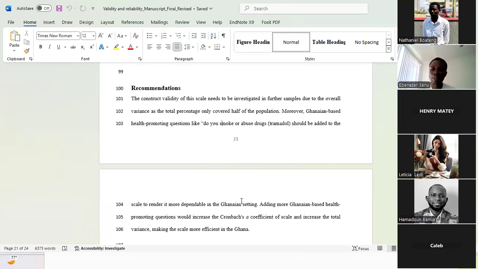So if you want to adopt it, you have to ask some Ghanaian questions in order to assess their lifestyle. It becomes a recommendation based on the data that you found.